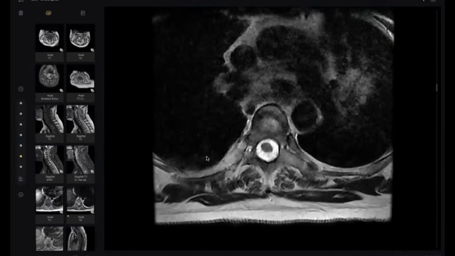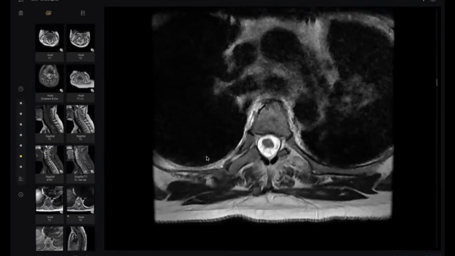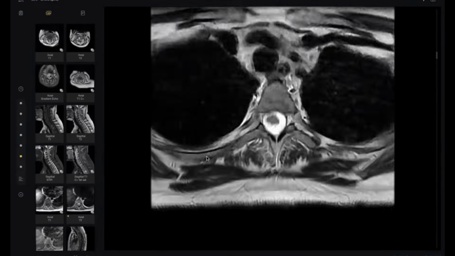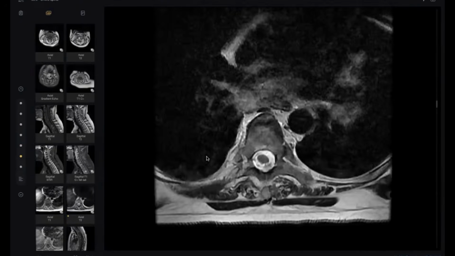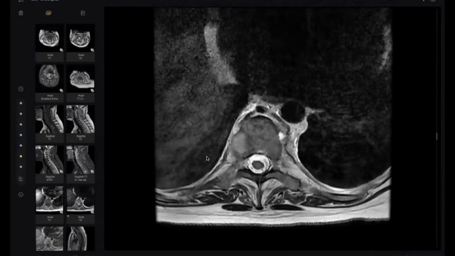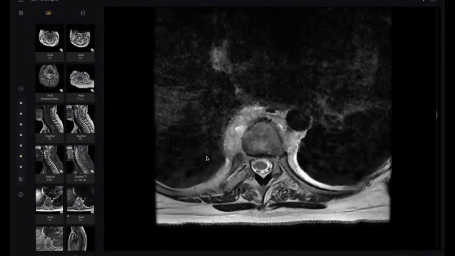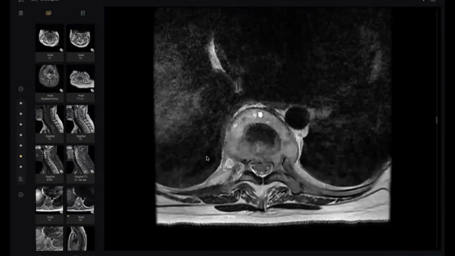This is MRI of the spine, axial cuts in T2. I can see there is destruction of the vertebra. There is a prevertebral soft tissue collection. Cervical or dorsal? Sorry, this is dorsal.